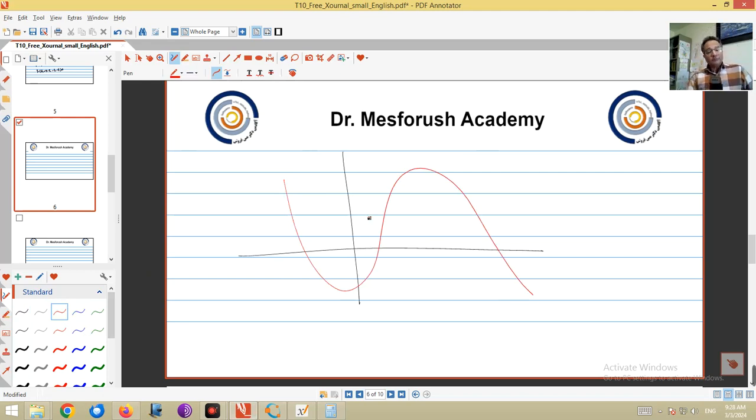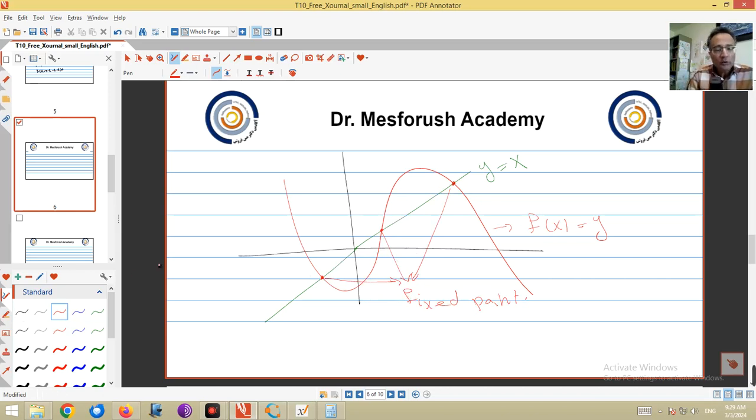Now, if we draw a line y equal to x, and we know this is f of x equal to y, and we consider this curve, the intersect points, this one and this one, are fixed points. Why do we call these points fixed points?